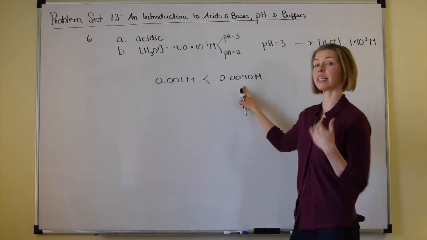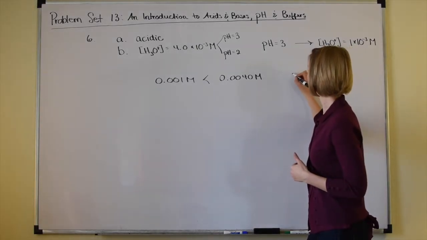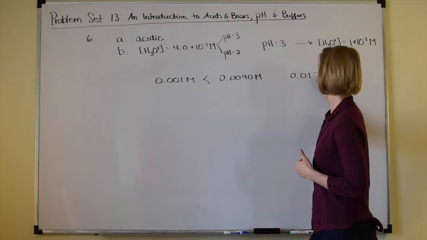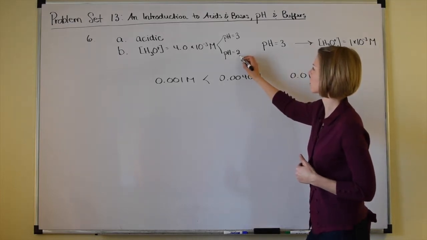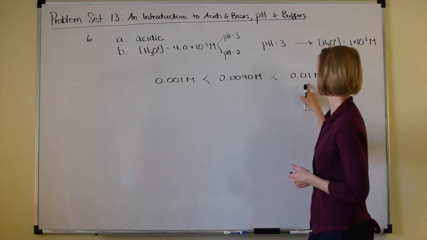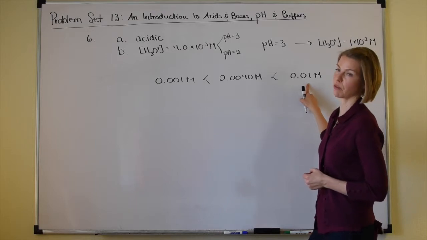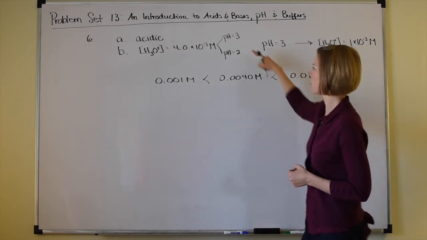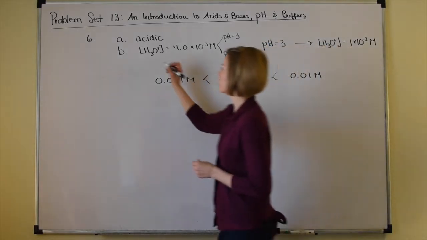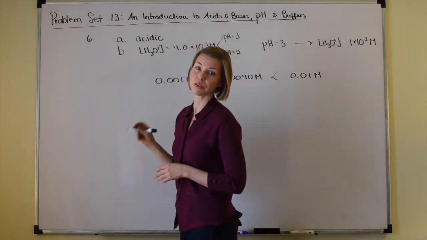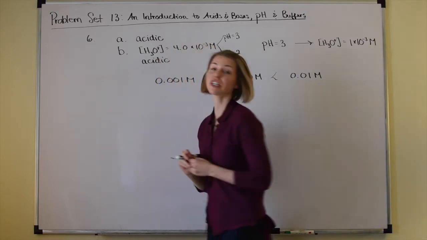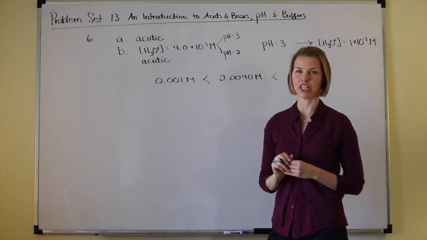And then if we look at a pH of 2, that would be 0.01 molar. So 10 to the negative pH, so 10 to the negative 2, and I'm just taking it out of scientific notation. This would be less than the hydronium ion concentration of a pH 2 solution. So it lies somewhere between a pH of 2 and 3. Because we know the pH is somewhere between 2 and 3, it's 2 point something, it should be easy to then classify that vinegar solution as an acidic solution.